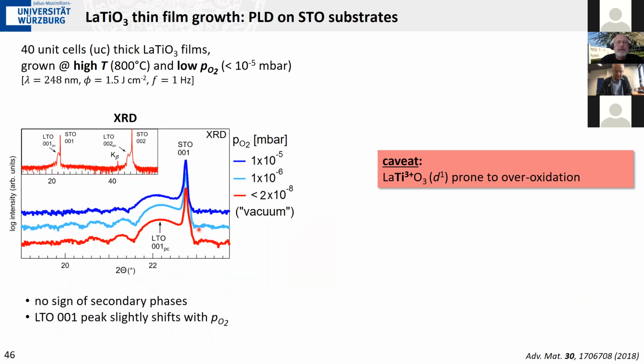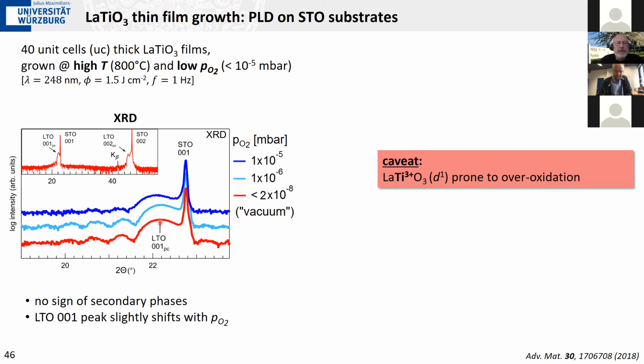These are three XRD patterns of LaTiO3 films that we have grown in various oxygen background pressures in the PLD. This is oxygen poor, or you could call it already vacuum, 10 to the minus 6, 10 to the minus 5. And as we increase the oxygen pressure during growth, this is the peak. It's a broad peak because it's a very thin film.